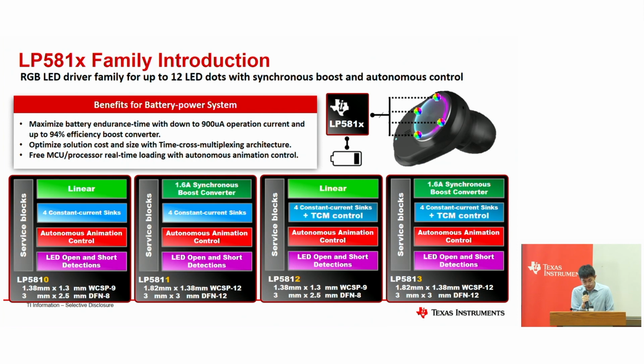Last one is freeing the MCU from real-time processing load with the auto animation controls. Because usually when the LEDs are doing the light ring chasing, it's repeating the same patterns. So when you're coding the C program, you're probably just putting the same patterns within the while loop.